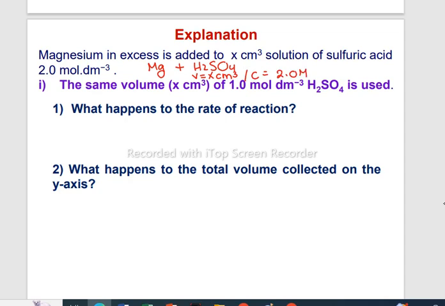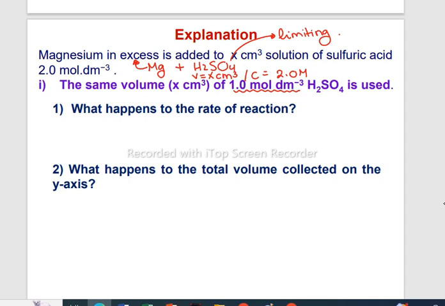And of course, the magnesium is the excess, while the H2SO4 is considered my limiting reagent. Now, the same volume, x cubic centimeter of 1 molarity H2SO4 is used. So let's start answering the questions.